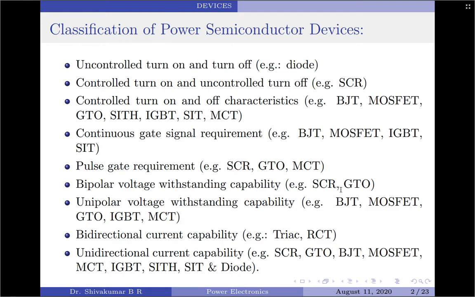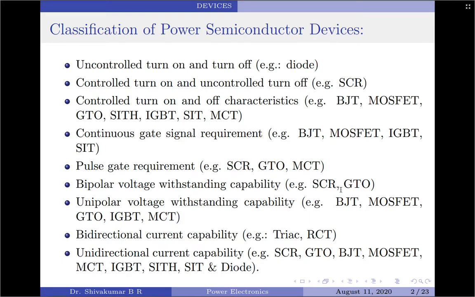There is no other external parameter that would enable the user to control the turn on of the diode. A similar operation can also be used to turn off a diode. The moment the anode voltage becomes either equal to or lesser than the voltage at the cathode, the diode would turn off. That is why we call it an uncontrolled turn on and uncontrolled turn off device.